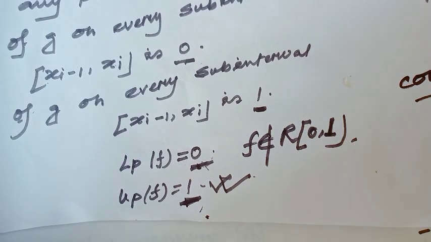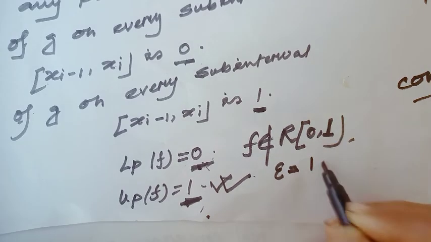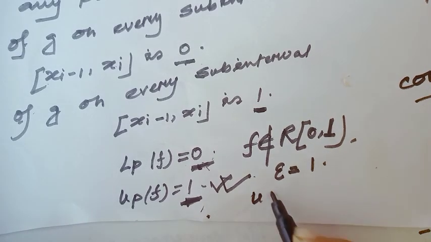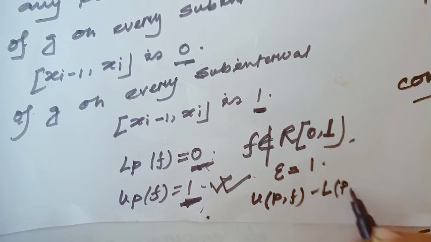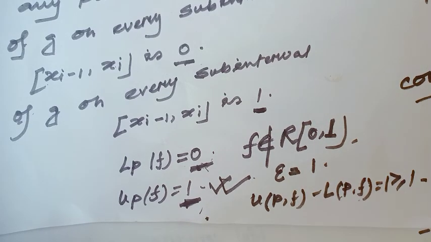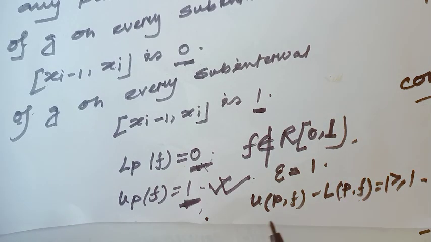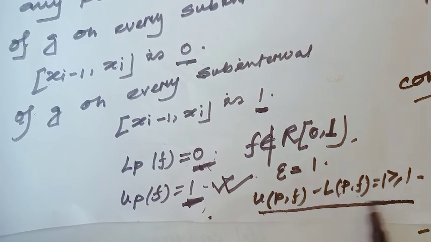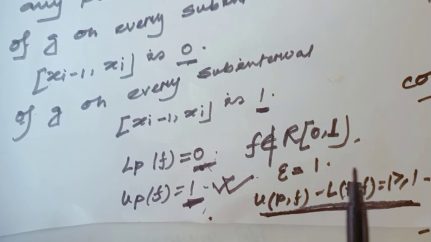Are you getting the idea? If you take epsilon equal to 1, then the difference U(P,g) minus L(P,g) would be 1, which is greater than or equal to 1. That means this condition is also not satisfied, since the function is not Riemann integrable.